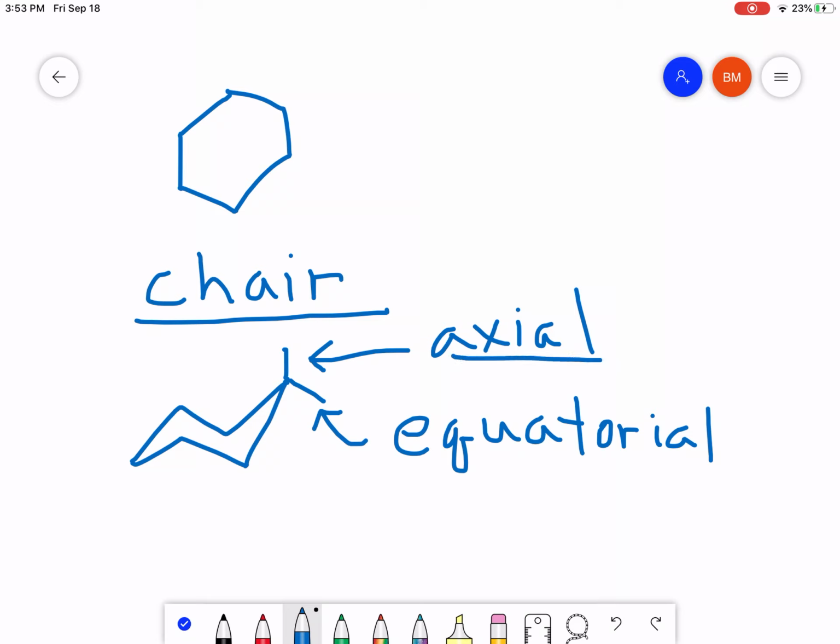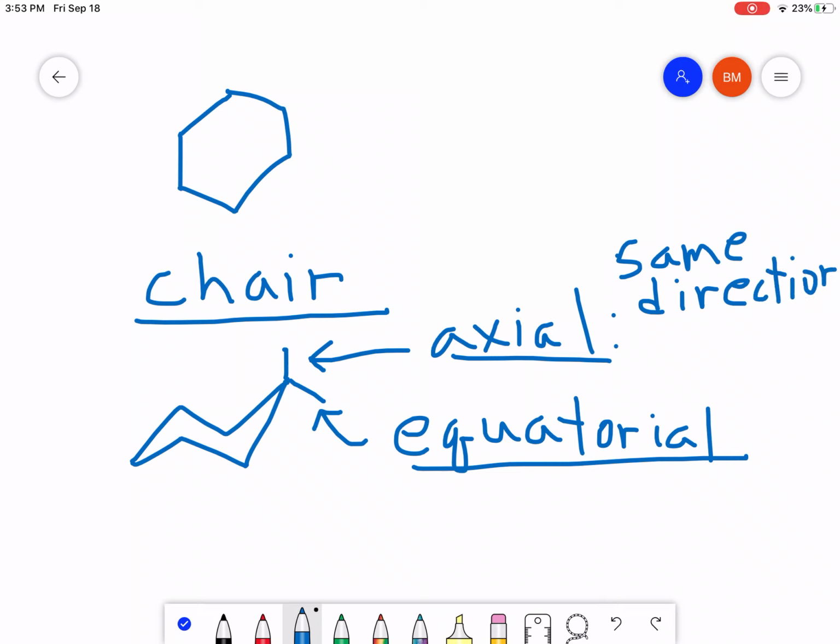As to which direction you draw them, there is going to be a pattern. For axials, you always draw them in the same direction as the carbon it's attached to.